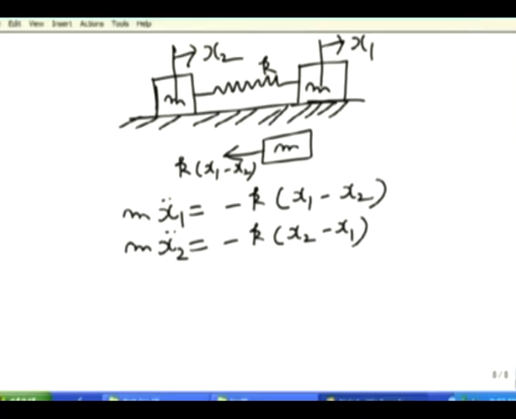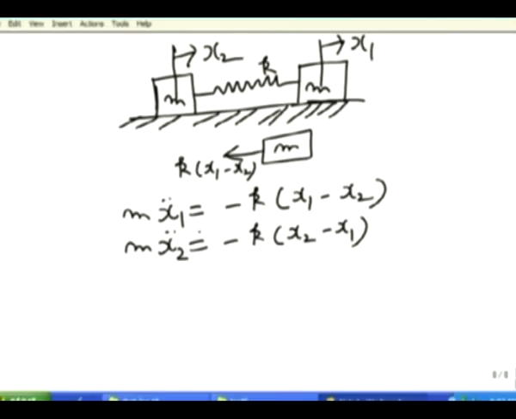These are the two coupled ordinary differential equations.